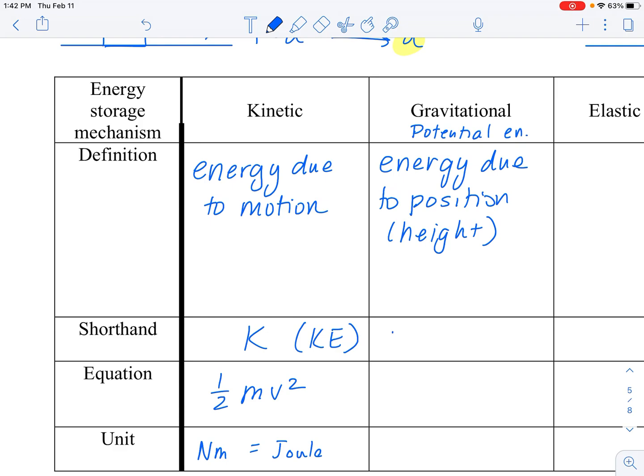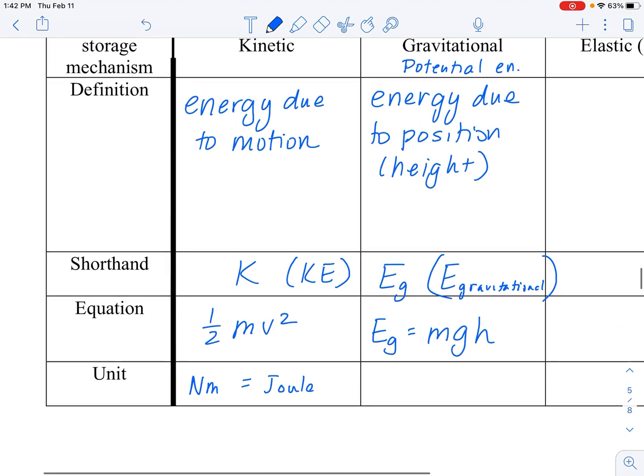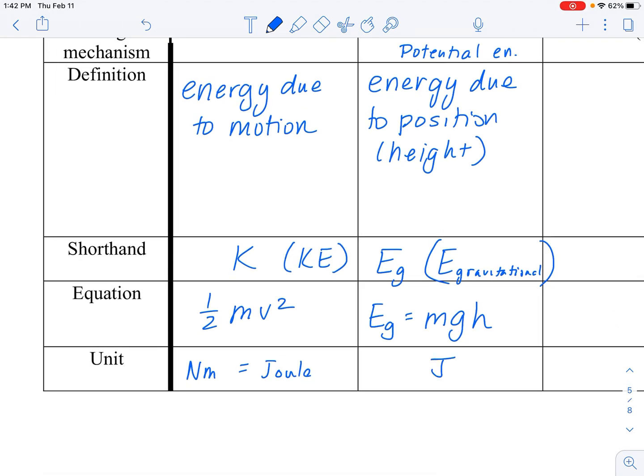The shorthand for it is EG, which stands for E gravitational. But it's a lot to write that all out, so we'll just write EG. The equation for EG is m times g, which is the force of gravity, times the height that we lift the object. And the unit, again, is the joule.